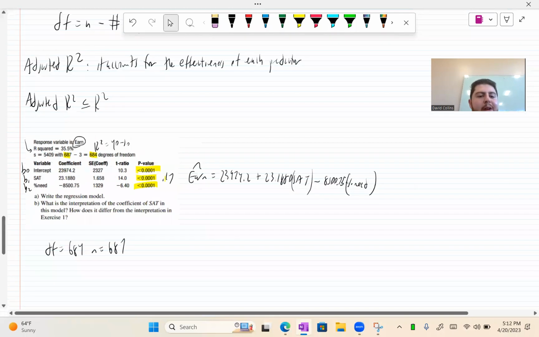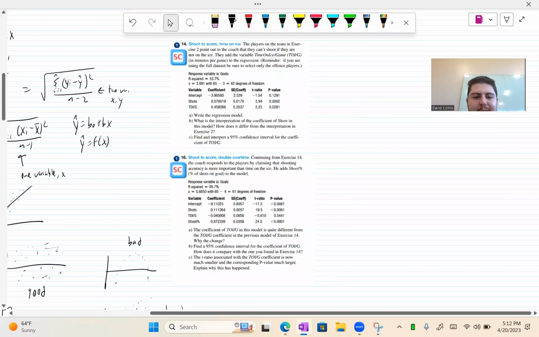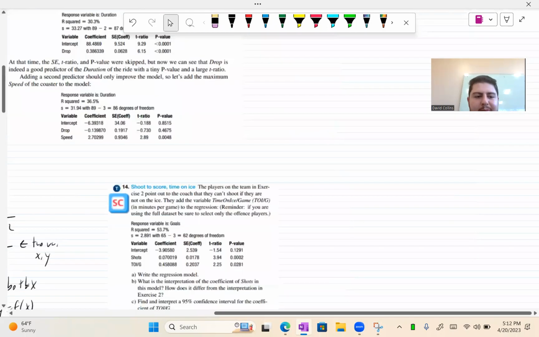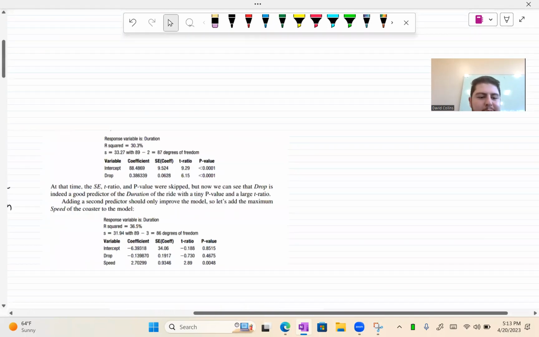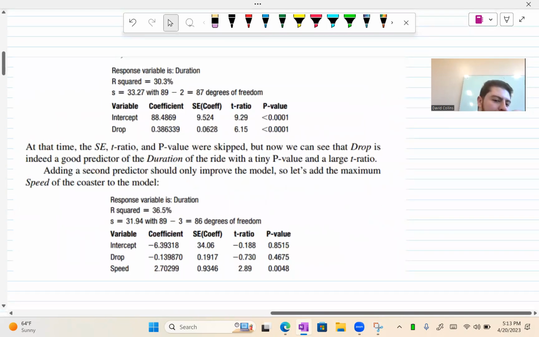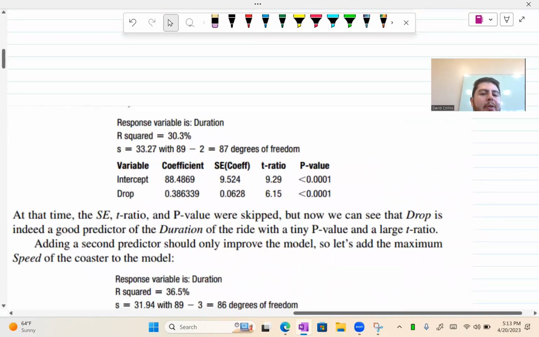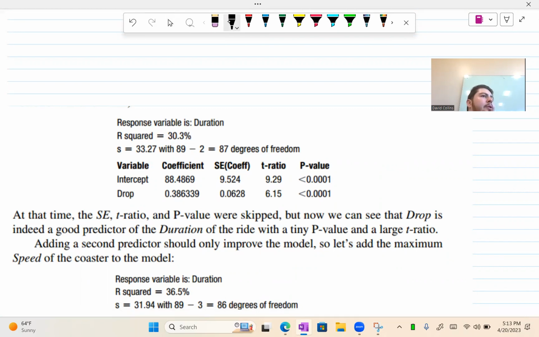Okay. Let me show you an example of collinearity. This was in the textbook. That's a good example. So let's focus on the top one. This is talking about our response, the duration of a roller coaster ride. So we have an intercept and our variable is drop.